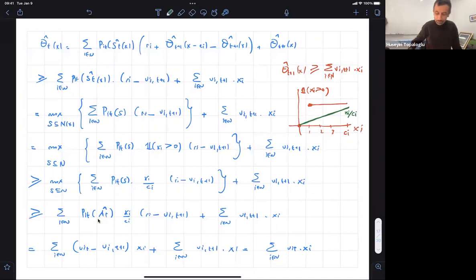And lastly, let's pay attention to the update formula that we use to compute our bid prices. Let me remind you what that update formula looked like. Let me write it over here. That update formula looked like this. So that was our update formula to compute our bid prices.